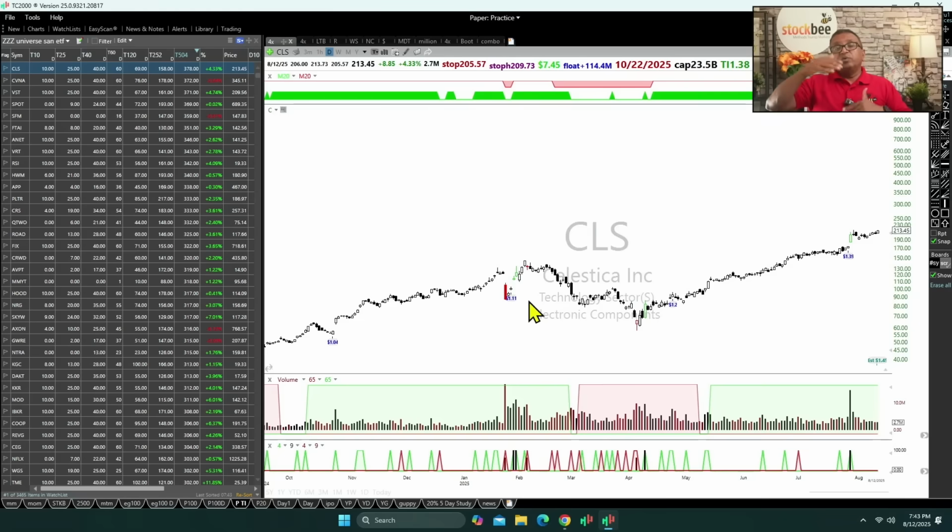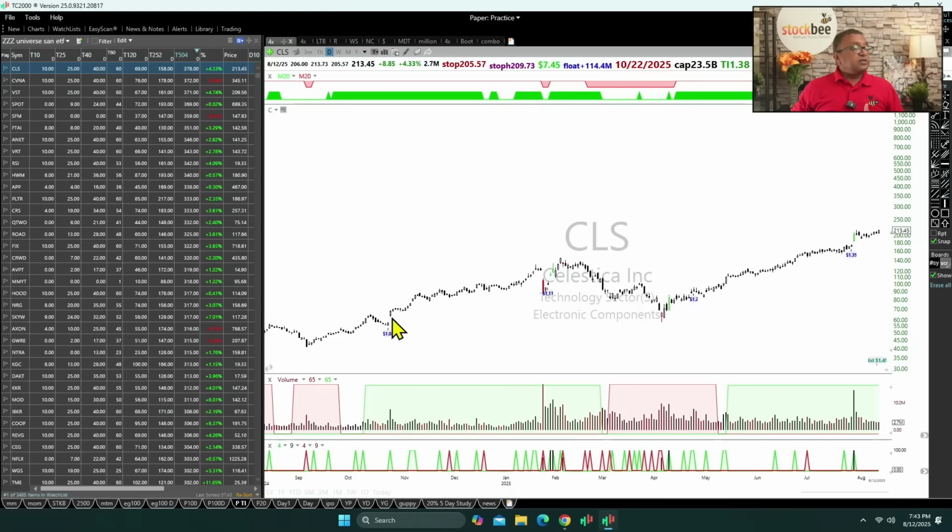But as the stock starts getting away from the start of the momentum, it becomes more and more vulnerable to a reversal. So traders who focus on finding stocks for shorting, or traders who want to avoid buying stocks which are extended, use this kind of momentum to identify stocks which are extended in their momentum phase.